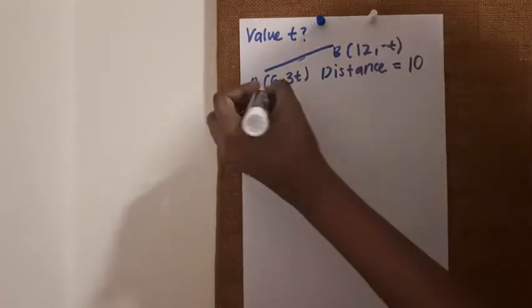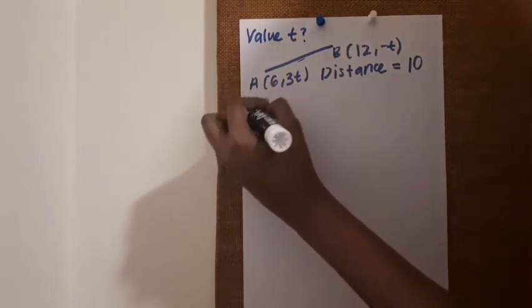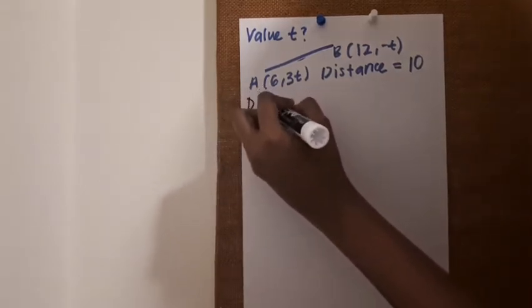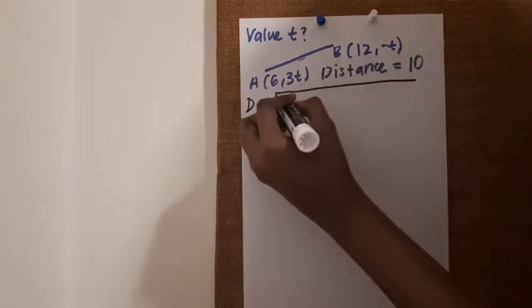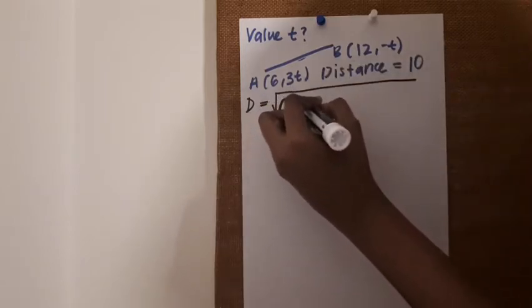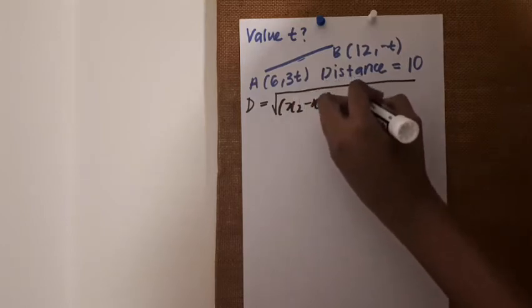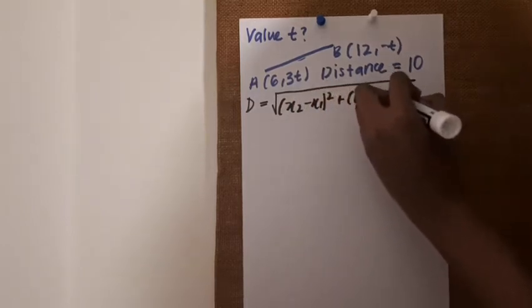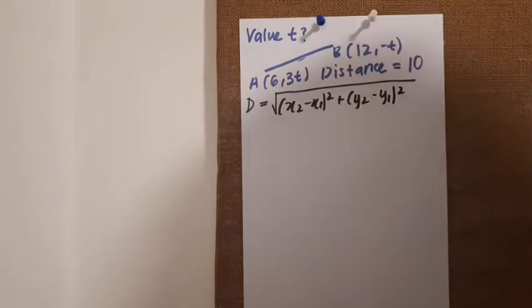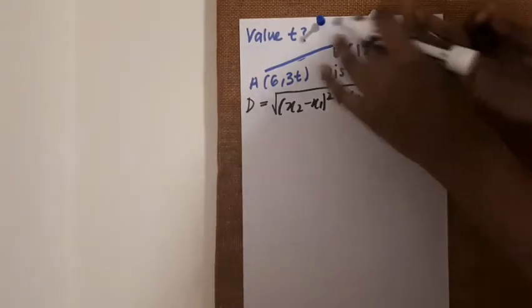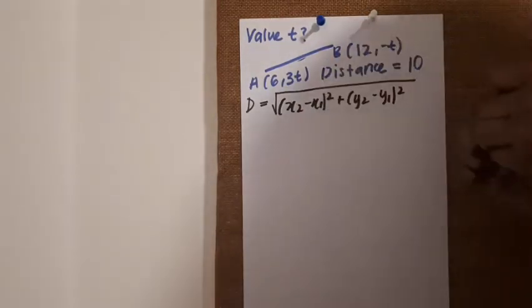We know that the formula for distance is the square root of (x2 minus x1) squared plus (y2 minus y1) squared. Okay, so you just substitute everything into the equation.